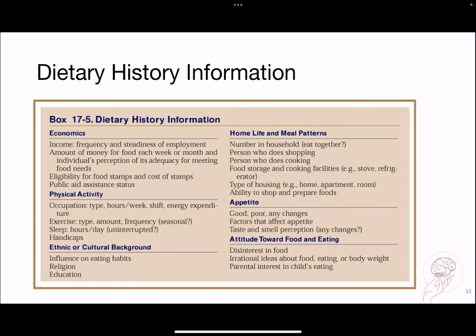Additionally, it can be very useful to know the economics, the person's ethnic or cultural background, especially if you're going to start suggesting foods, home life and meal patterns. What is their job like? Do they work at night? What's their appetite like? And what's their general attitude? And this could even be what we now are calling eating competency.